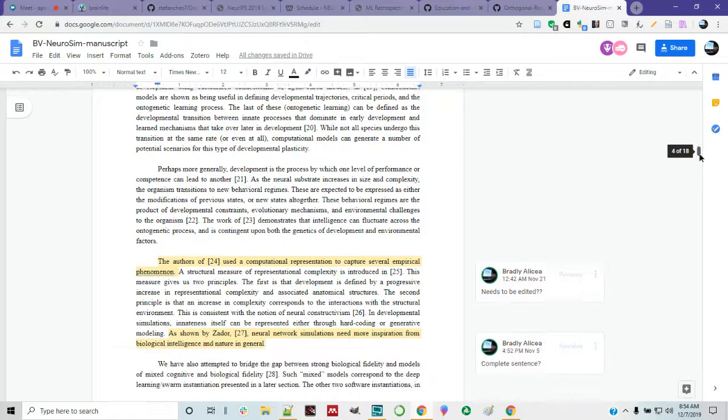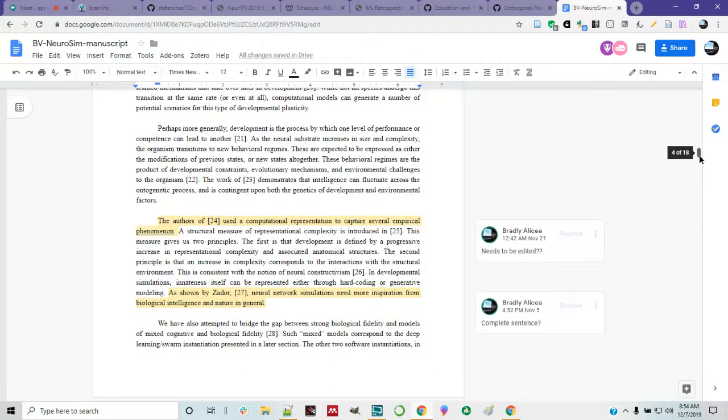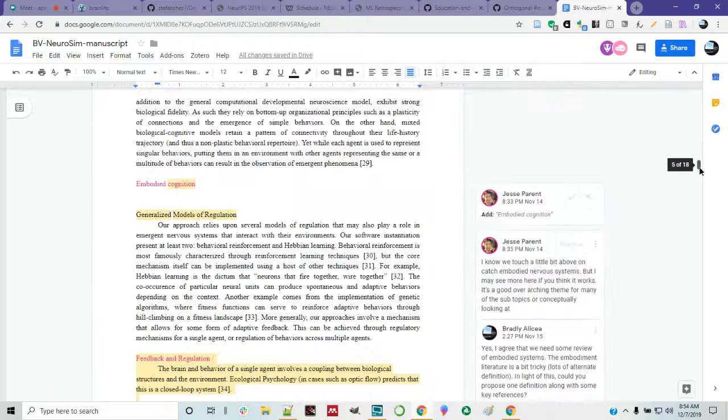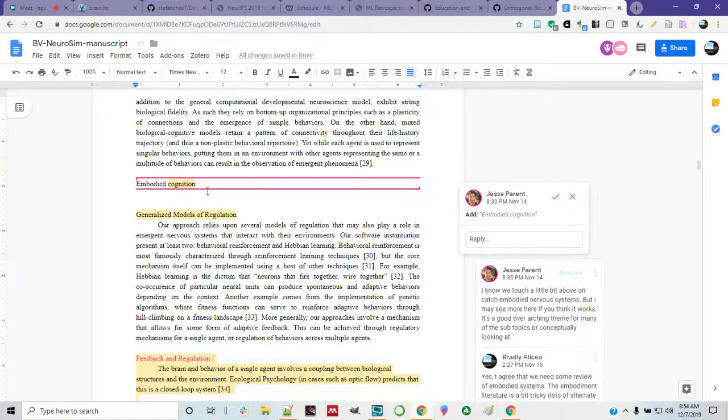So I have this in here. And of course, Jesse, we've talked about the embodied cognition contribution. Again, I think we talked about this before. This is something that is best done by not just writing, but walking through what about embodied cognition is relevant.